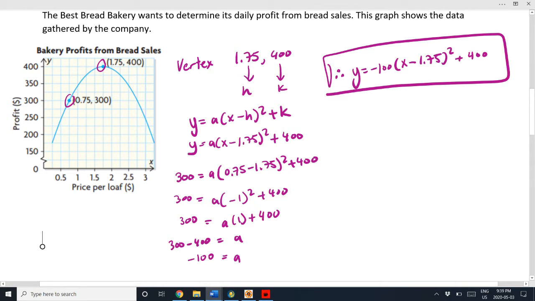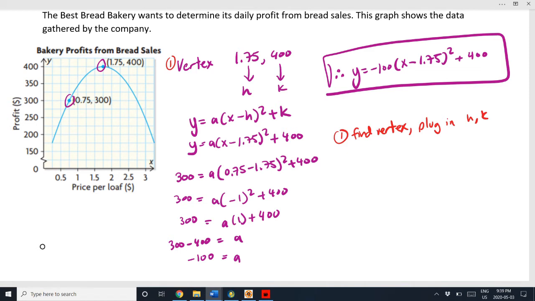The first thing we did was find the vertex and we plugged it into the skeleton equation. So we found the vertex and we plugged in h and k into our skeleton equation.